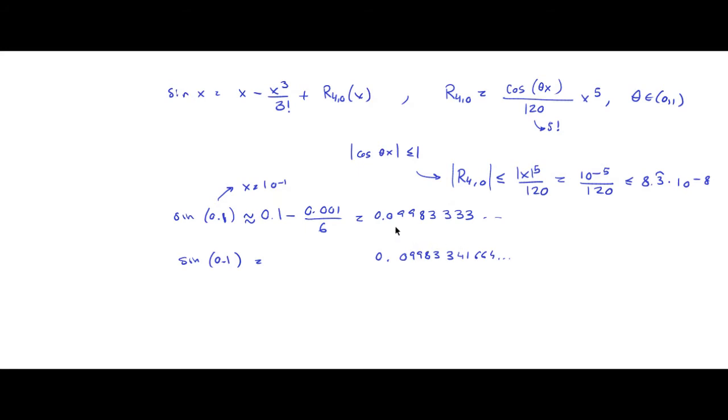So all of these decimals are correct, and then we have this small error here. So you see that the approximation is very good for a very simple approximation to the sine, actually.